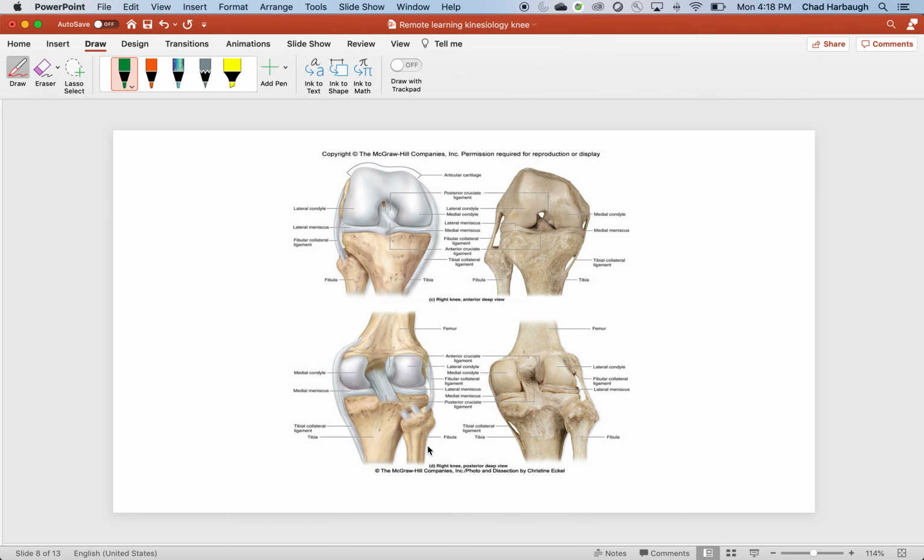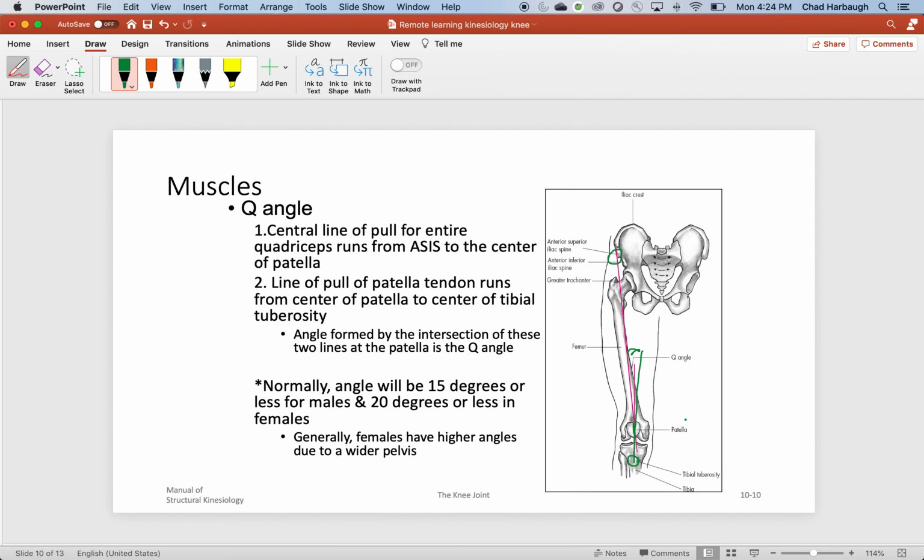And what we're really looking at with the Q angle is overall patella health. So if your patella is shifted more laterally, which is most often the case, then when you take the measurement from the tibial tuberosity up through the center of the patella, you're going to have a larger Q angle.